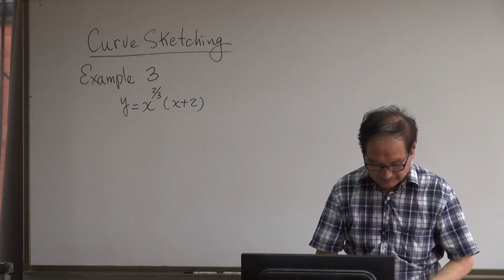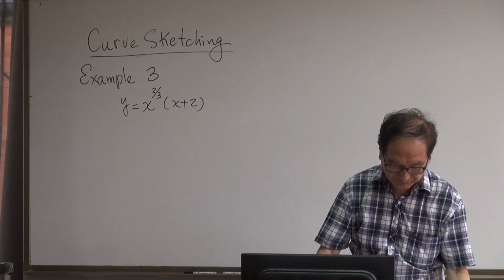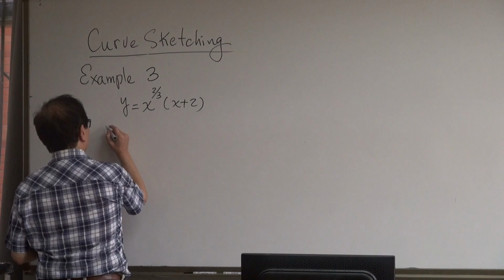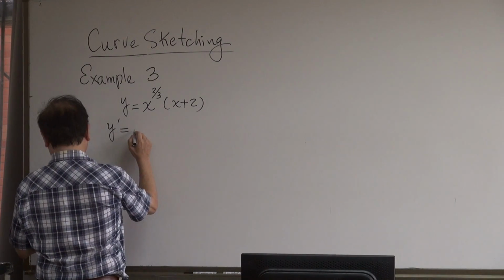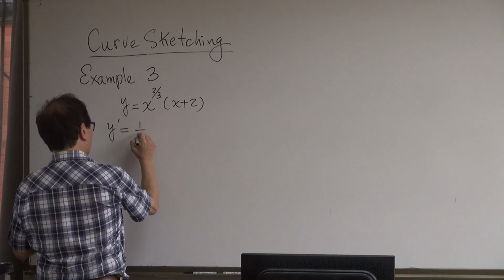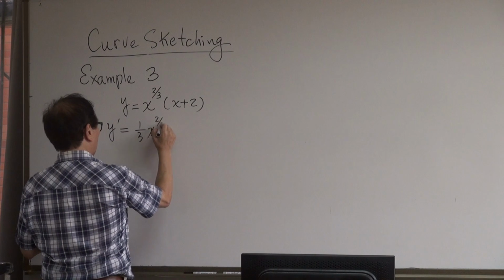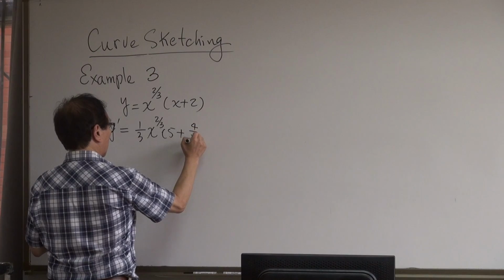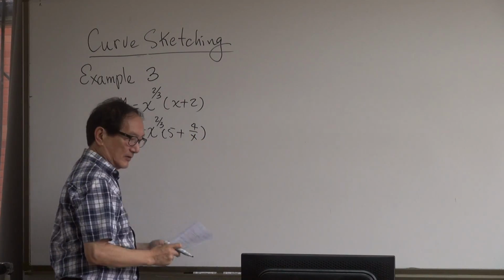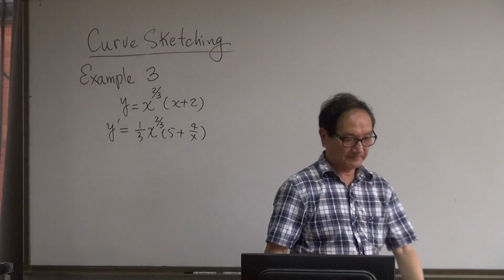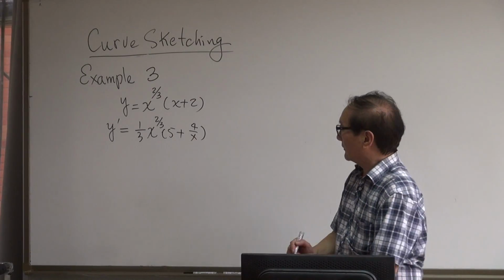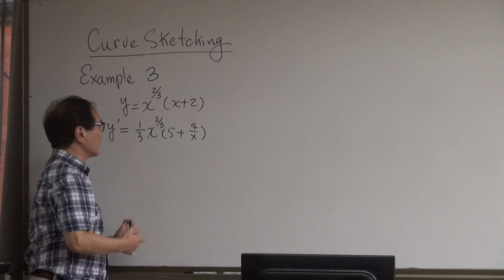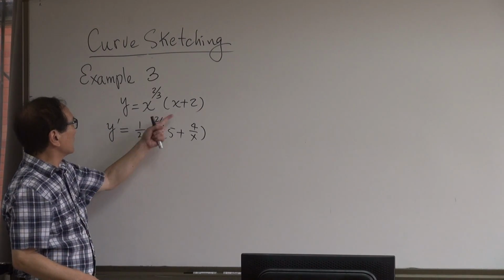Okay, now to save your time, let me write down the derivative, because I don't want to go into the details of the derivative. This is equal to 1/3 x to the power of -1/3 times 5 plus 4x. Well, of course, this is an easy function for differentiation using the product rule, right?